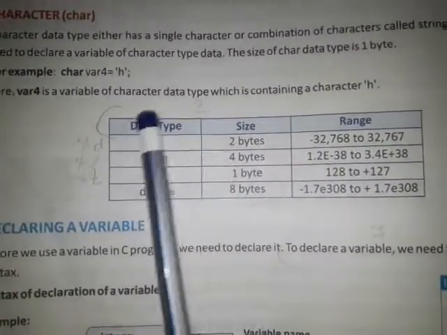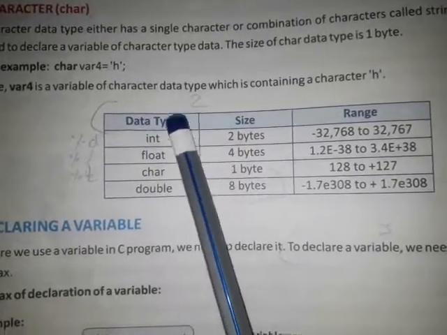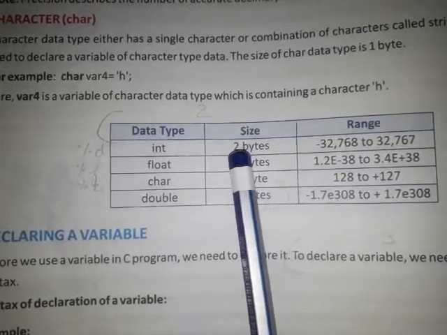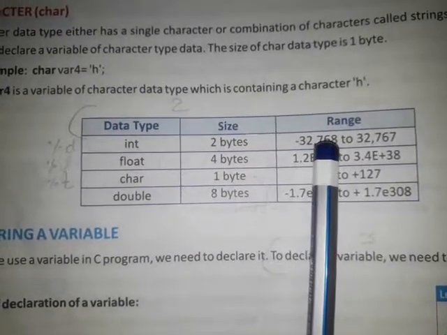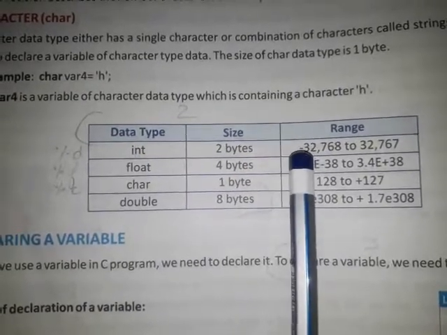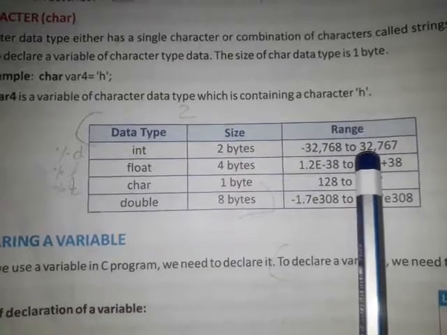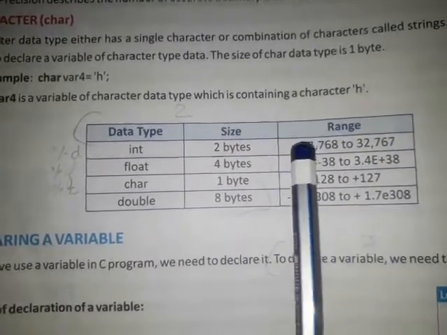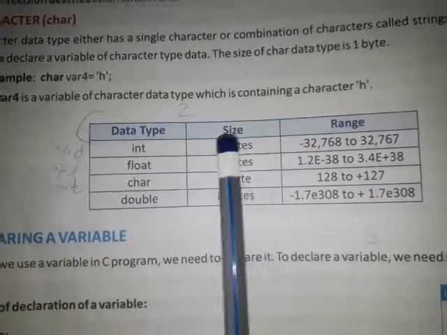Now we have studied the 4 different basic data types. First one is int, size is 2 bytes, and the range of values we can store in integer data type is from negative 32,768 to 32,767.